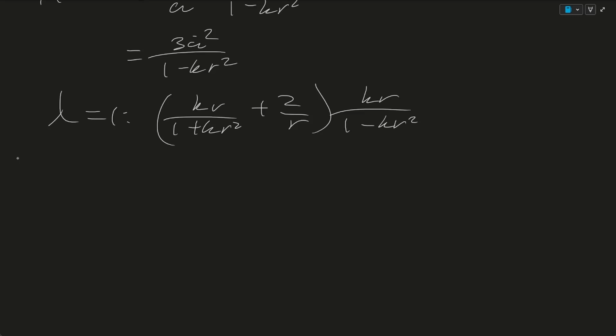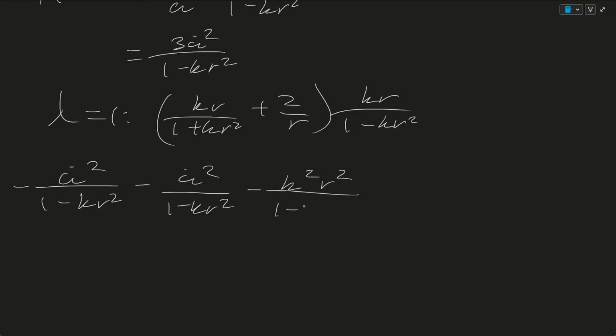So we will end up with a dot squared over 1 minus kr squared, minus that, minus a dot squared over 1 minus kr squared, minus k squared r squared over 1 minus kr squared, all squared, minus 1 over r squared, minus 1 over r squared.